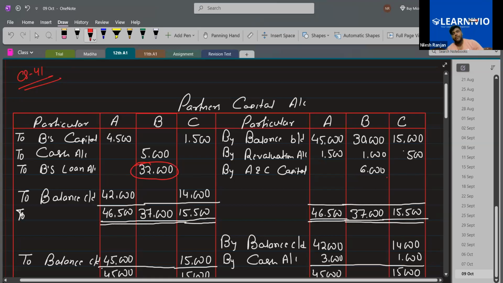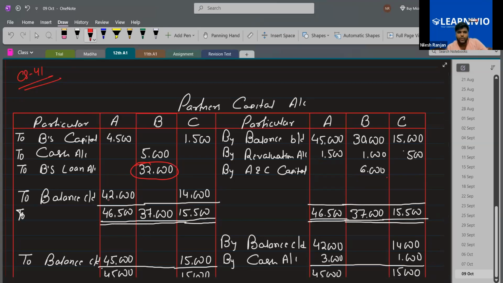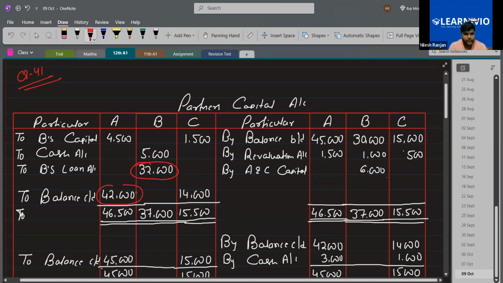Now, we have calculated the adjusted capital of A and C. It is 42,000 and 14,000. Whatever adjustment is given in the question, you have to adjust all those items and calculate the balance of the remaining partners. And this balance is compared to the proportionate capital. After calculating this, it is transferred to the next part of the capital account.